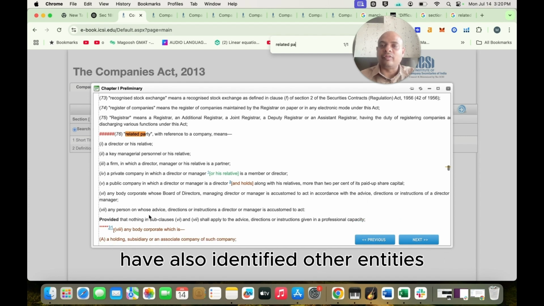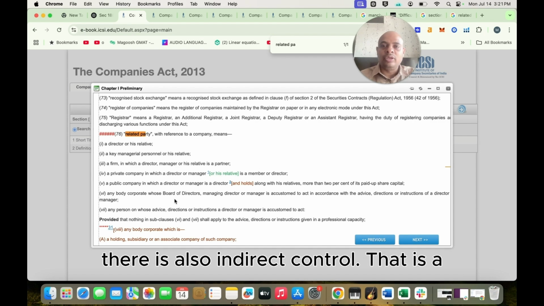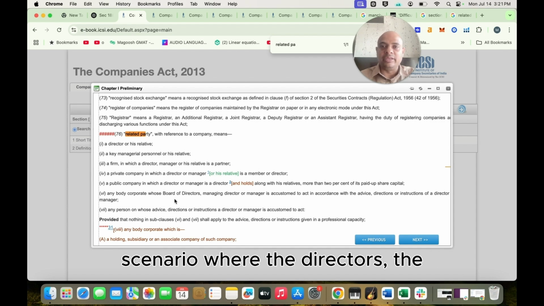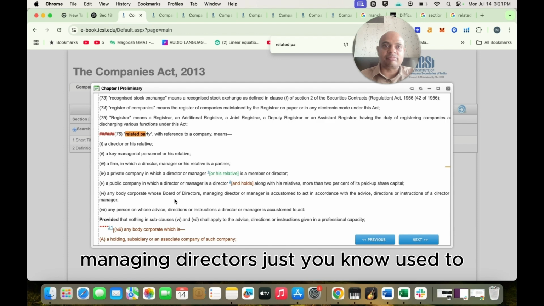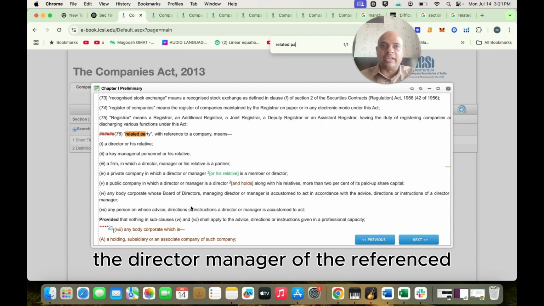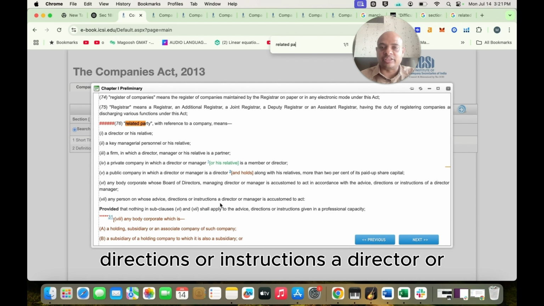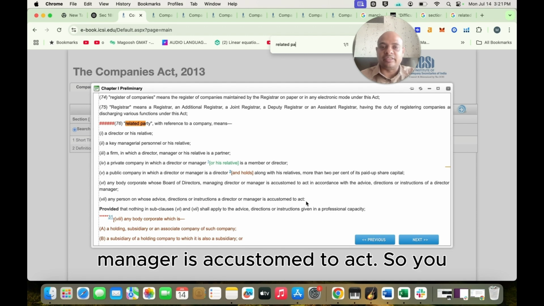So they've also identified other entities where it's not just direct control, but there is also indirect control. That is a scenario where the directors, the managing directors, just used to acting on the instructions of the director manager of the referenced company. Any person on whose advice, directions or instructions a director or manager is accustomed to act.